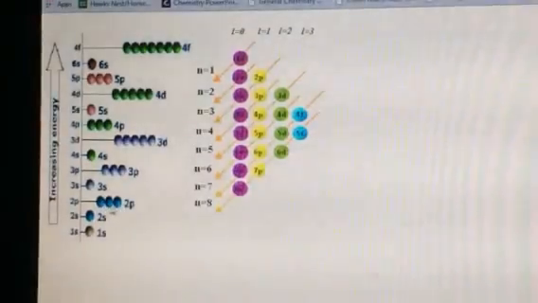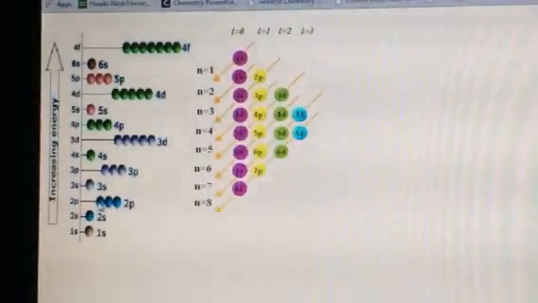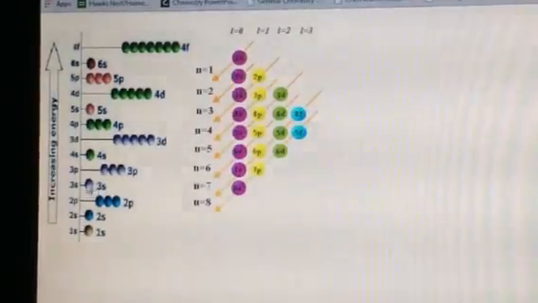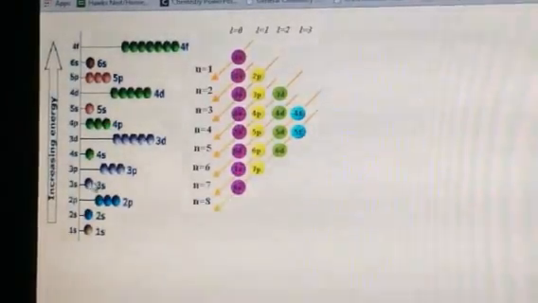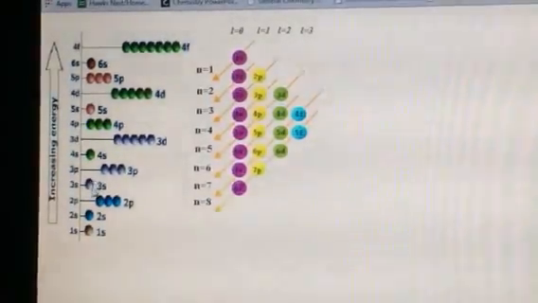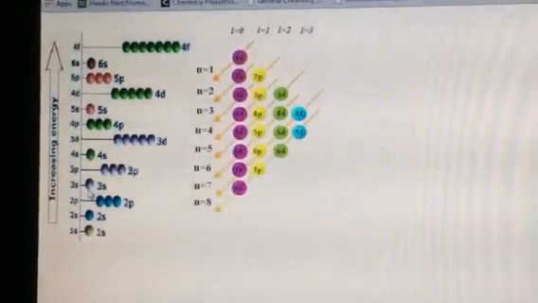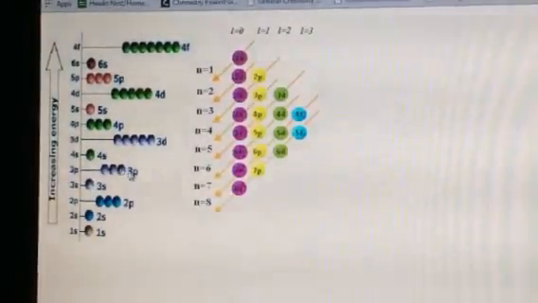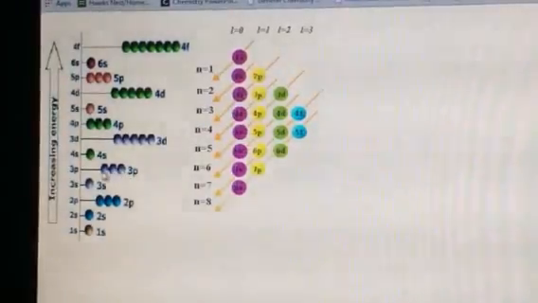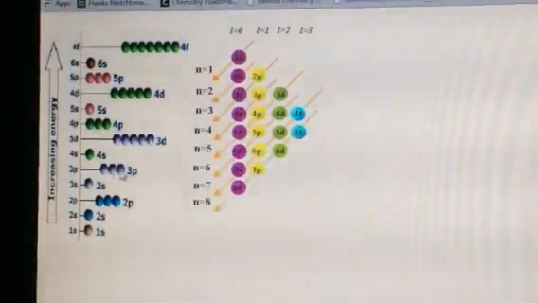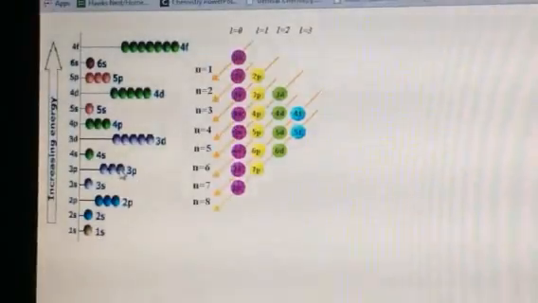So if they have 3 sublevels, these 3 orbitals can hold 6 electrons. Then you go to the 3s orbital, and again, s orbitals always have only the one sphere where it can hold 2 electrons. And then you go to the 3p orbitals, and that can hold 6 electrons. So 2 in here, 2 in here, and 2 in here.